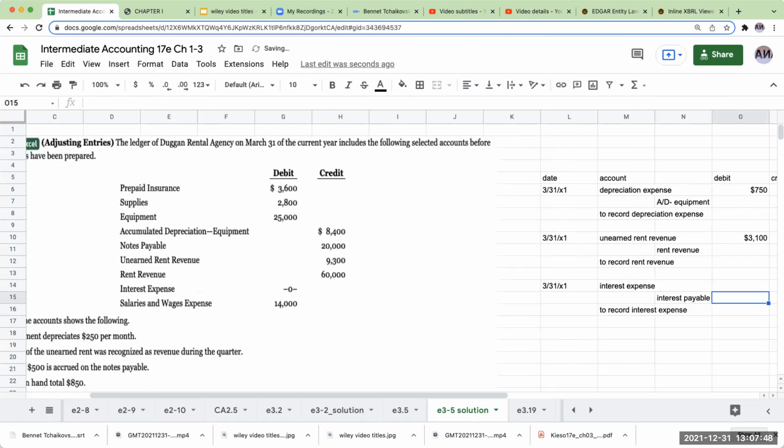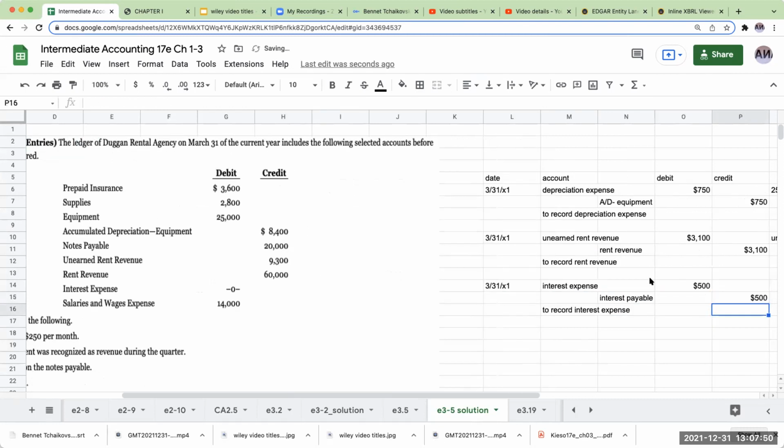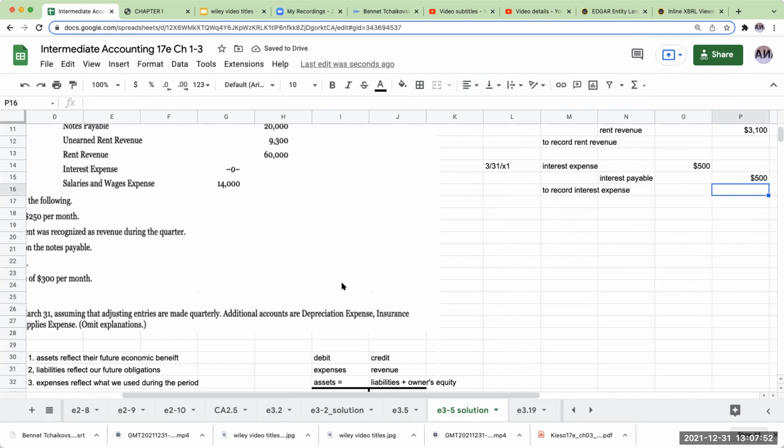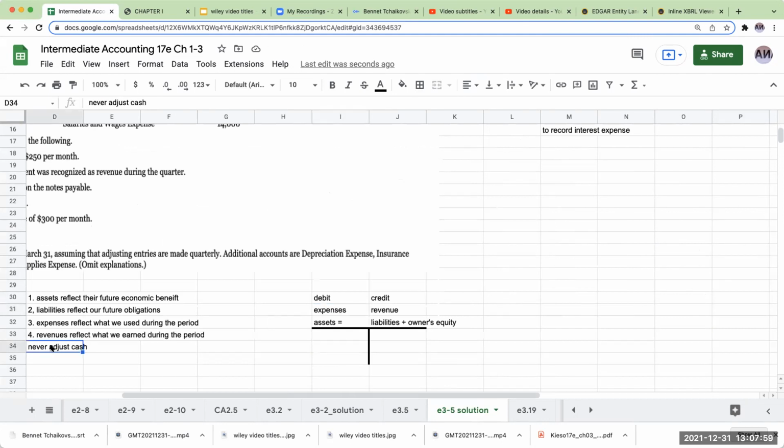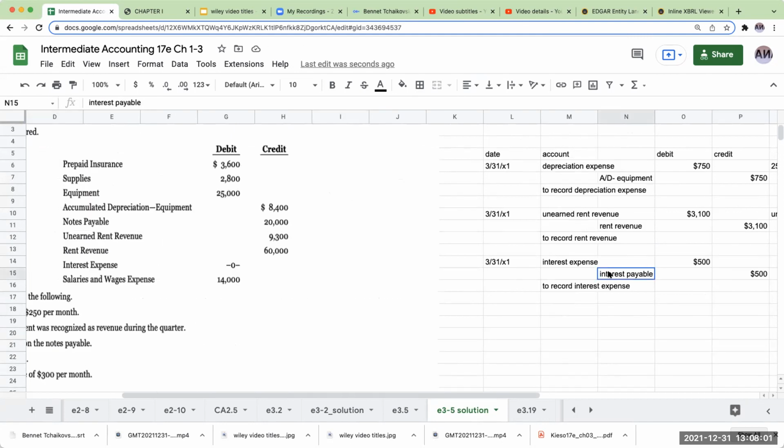Right over here is 500 and 500. To show the use of funds, we're going to record an expense, which is interest expense. Whenever we're doing adjusting journal entries, we never adjust cash. So I'm going to credit interest payable.